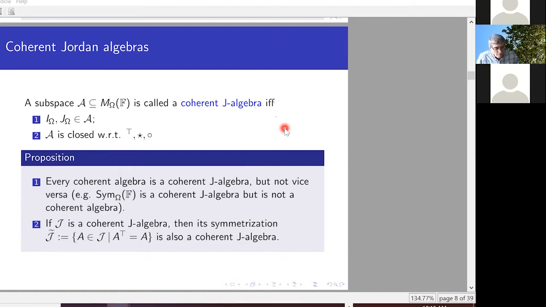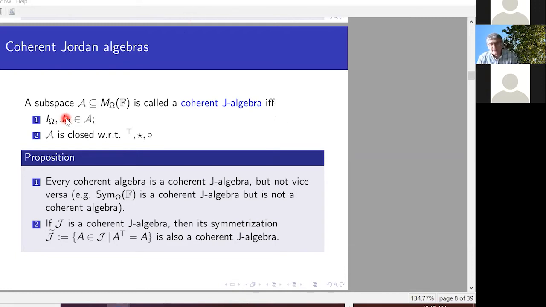Okay. So we have now two types of coherent algebra: coherent algebra and coherent Jordan algebra. Now, these two types of algebras share one binary operation, which is Schur-Hadamard product, and one unary operation, which is transposition, and the units.